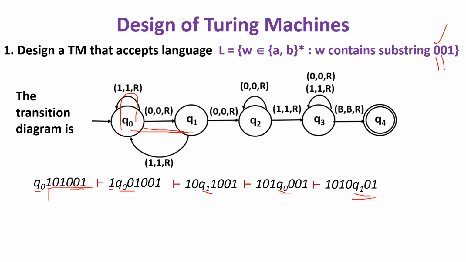When you come across Q1 0, it means it is the second 0 of the substring 001. Change the state from Q1 to Q2. Keep 0 as it is, move towards the right. The instantaneous description obtained is Q1 is changed to Q2, 0 is kept as it is, move towards the right.